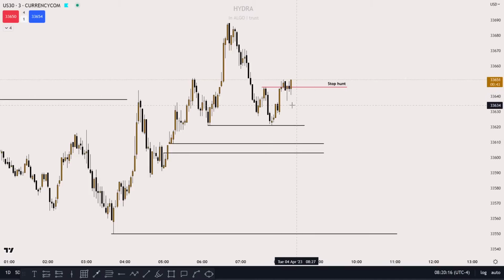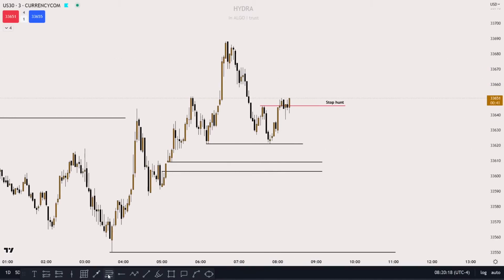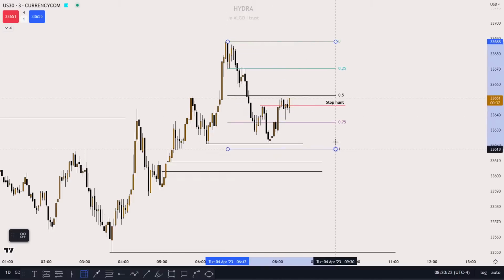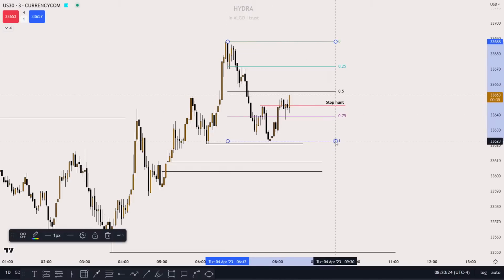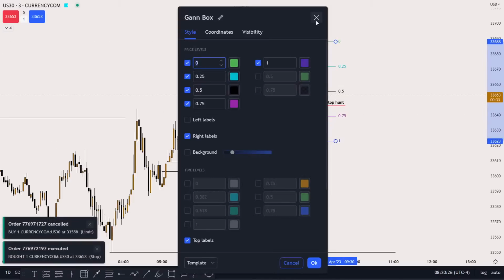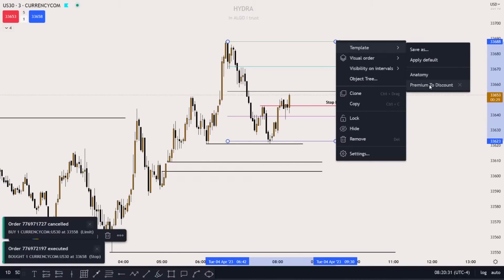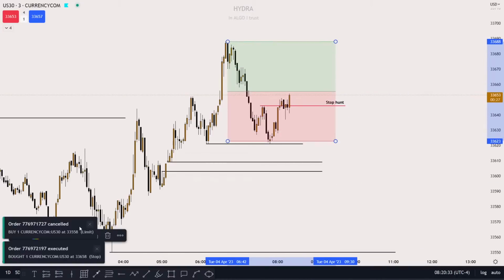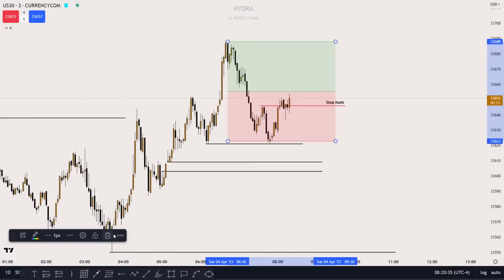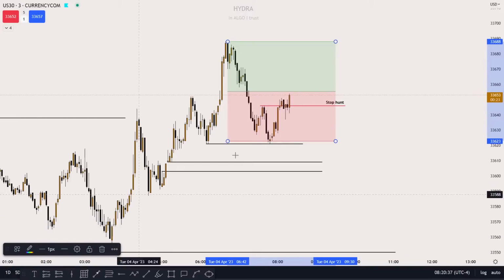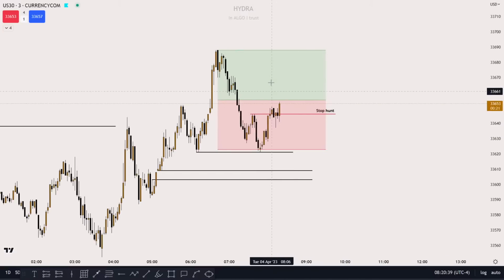So we have a stop hunt, and price is moving towards the premium zone from this swing high to this swing low, right? If we measure the premium to the discount, that's how it is. So price is moving towards the premium.